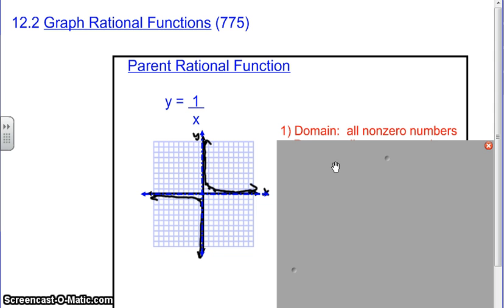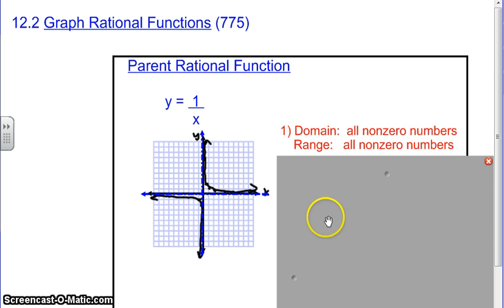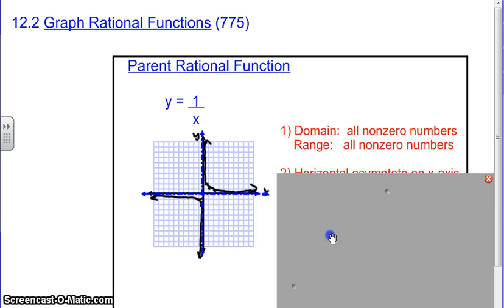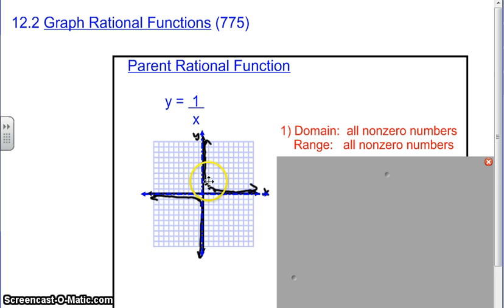And then the range, can anyone identify that one? What y value never happens? It's 0 as well. So this is just the most basic function. We learned that these dash lines could be put between these branches, these hyperbolas, right?